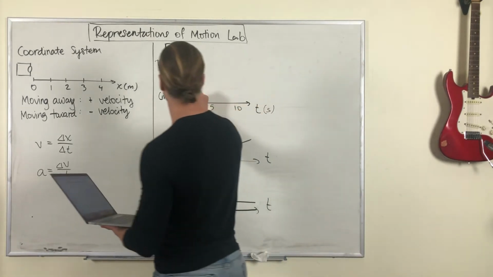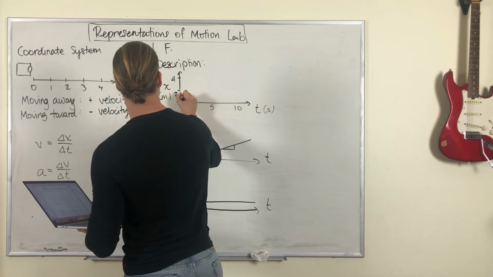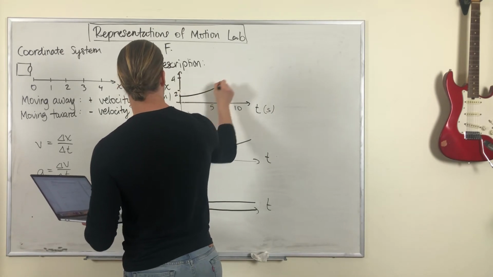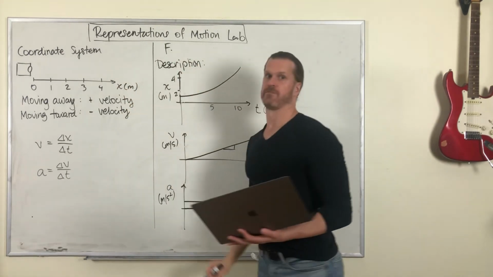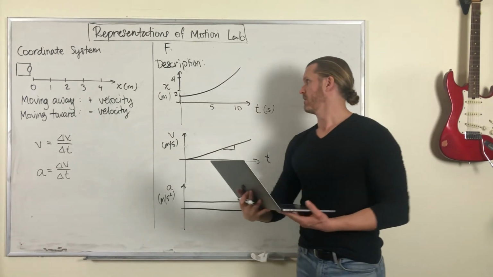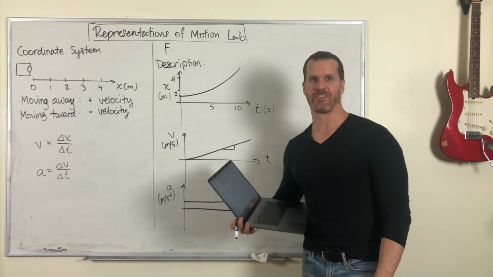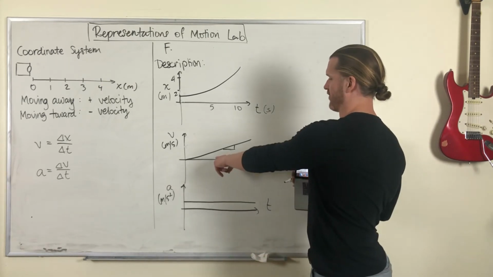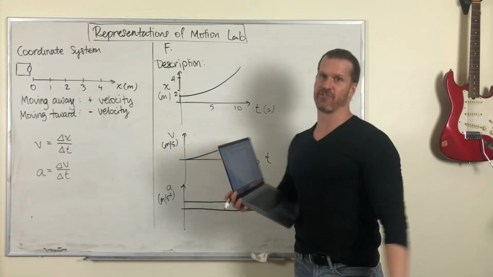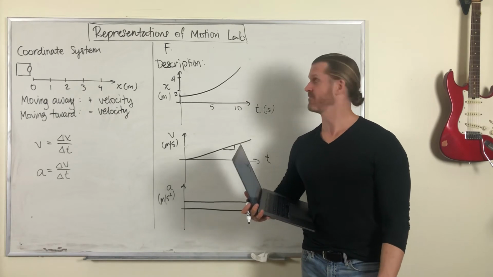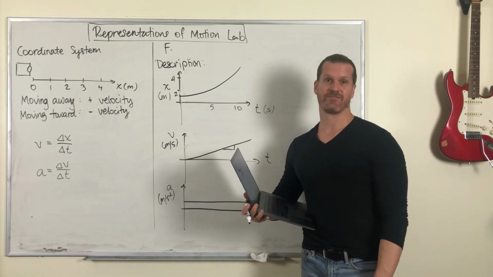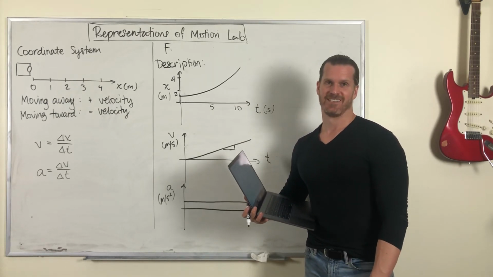So I'm just going to pick a random point to start at and draw my position graph. Now, because of calculus reasons, if velocity is a straight line, then position is going to look like a parabola. And that's just something you can remember for now.